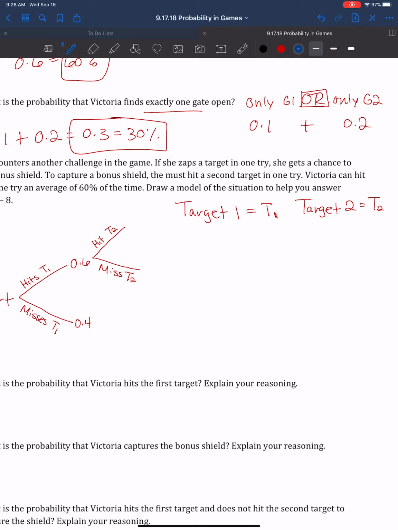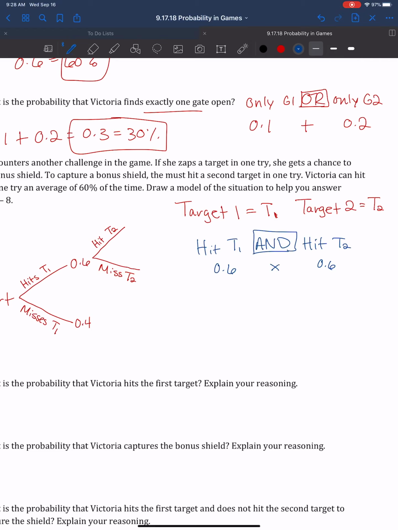So we're looking at hit target 1 and hit target 2. Well, her ability to hit any target is 60%, right? So hitting target 1, that's 0.6. Hitting target 2, that's also 0.6. Since we're doing and, it's multiplication, right?